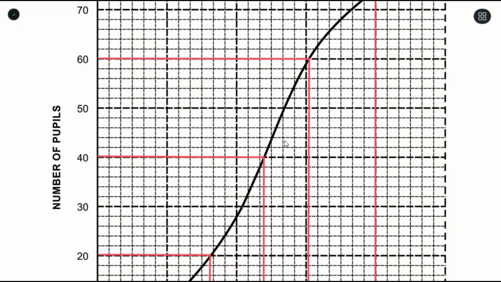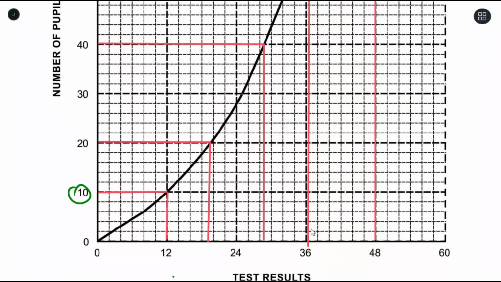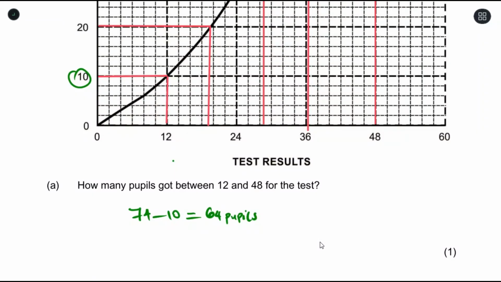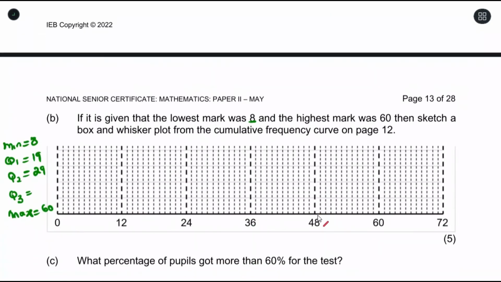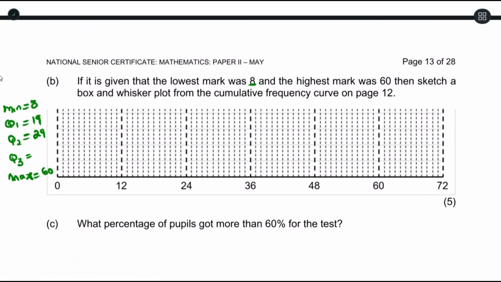The value is very close to 36, but still between 36 and 38, so I can regard it as 37. So Q3 is 37.